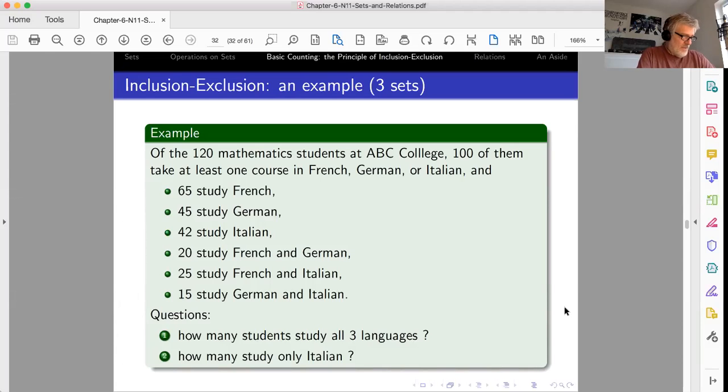I'm just going to write down immediately: 65 French, 45 German, 42 Italian, 20 French and German, 25 French and Italian, 15 German and Italian.